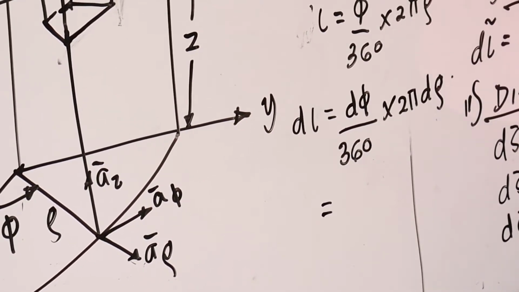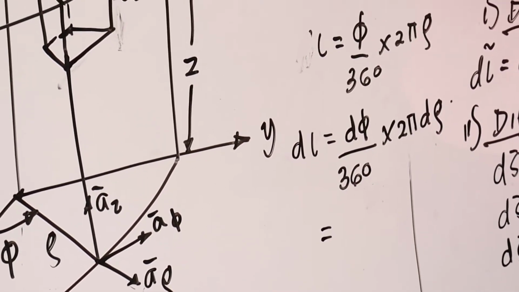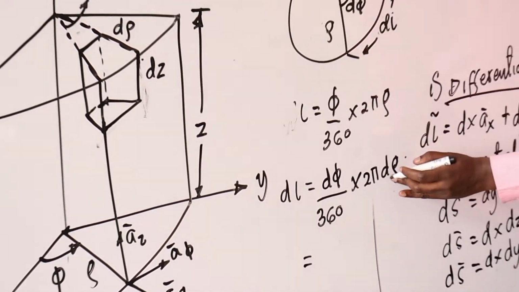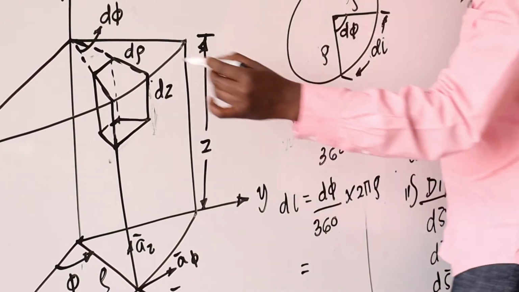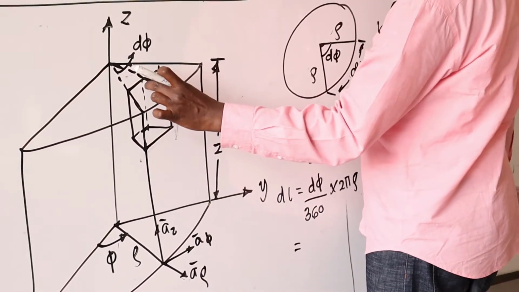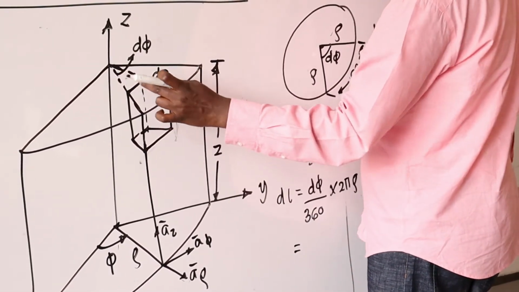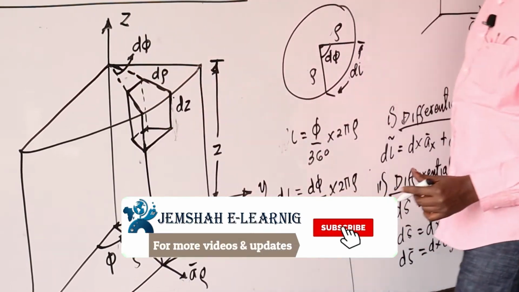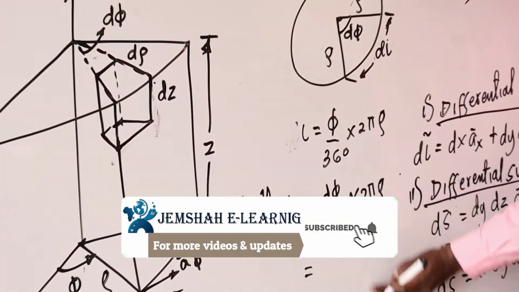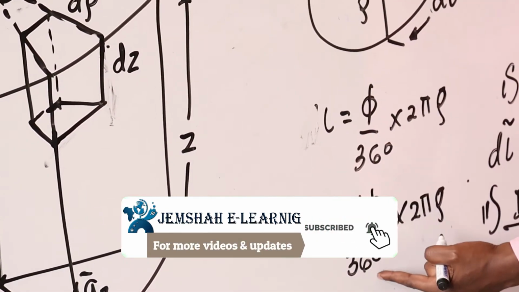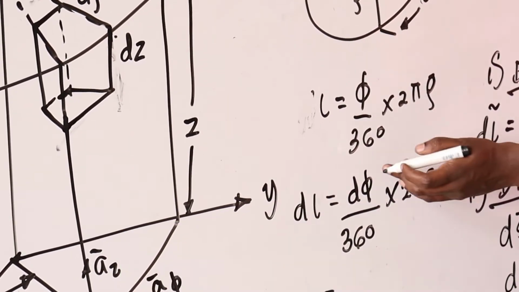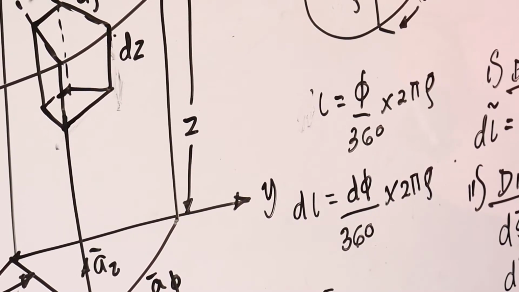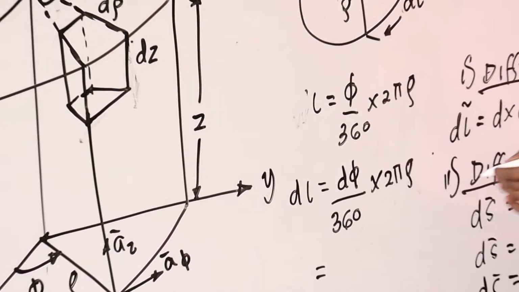Let us use the length as rho and not d rho, because it's a whole length from this point to this point, not this alone. It's only the angle that is very small. So this is rho. So if we change this from 360 degrees to radians, then we are going to have what?